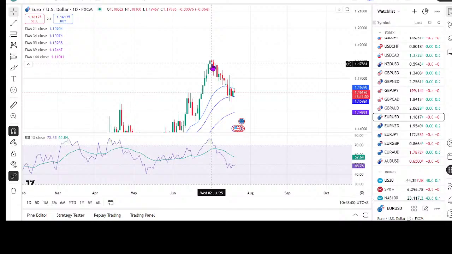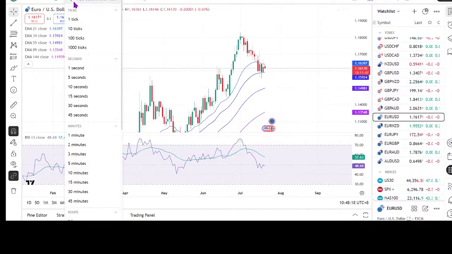Of course, we may have the day and weekly on either side, just in case one side is missed. That is what we need to take note of. So let's start off with euro.